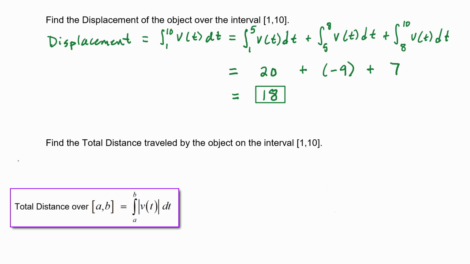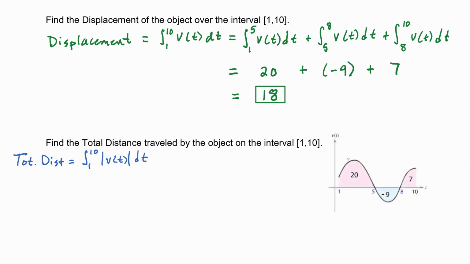So for us, our total distance is going to equal the integral from 1 to 10 of the absolute value of v of t dt.